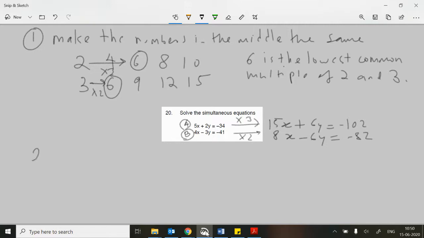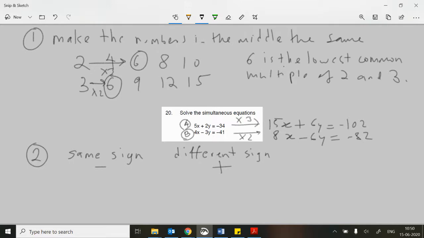So next step, step number 2, is going to be to look at deciding whether or not we add these or subtract them. So same sign, subtract, different sign, add.